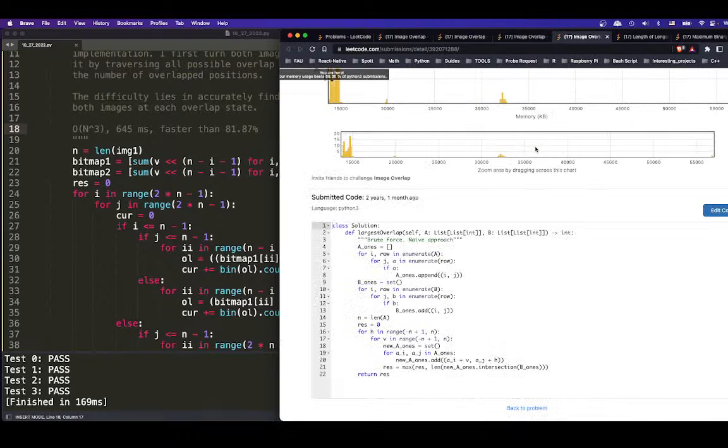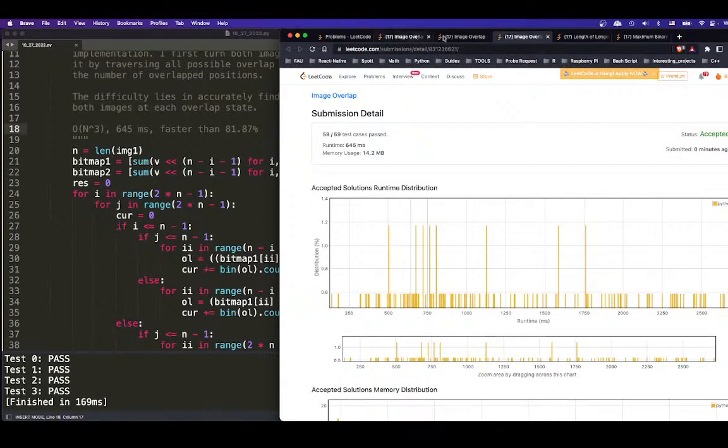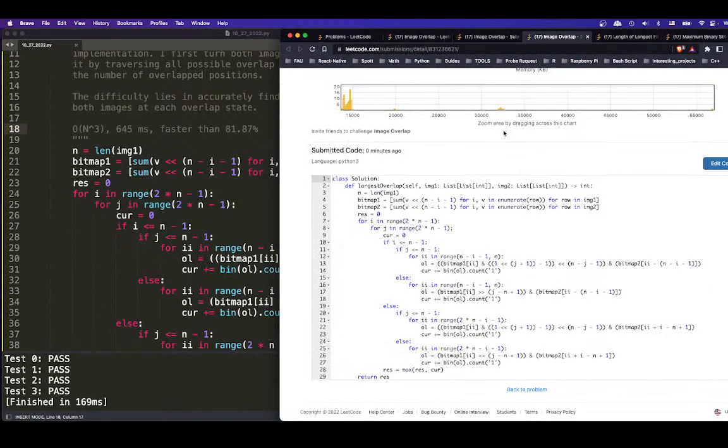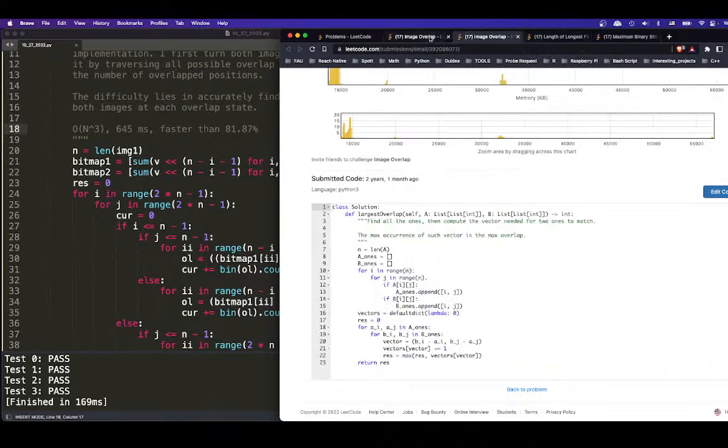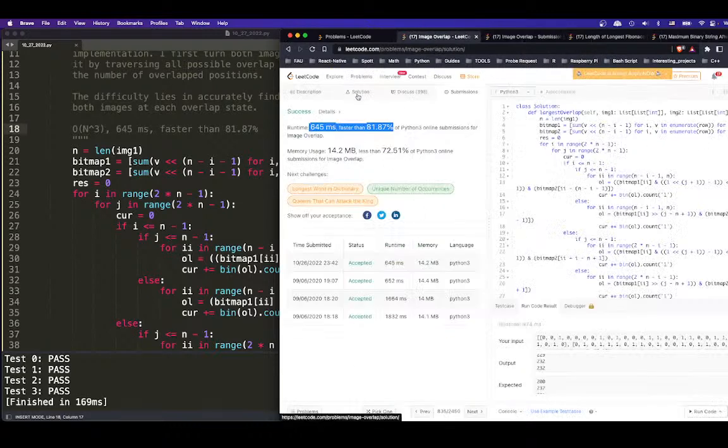Brute force. Intersect. We can, like, true brute forces. Yeah, maybe I'm overthinking it. Hold on, let's see the solution.